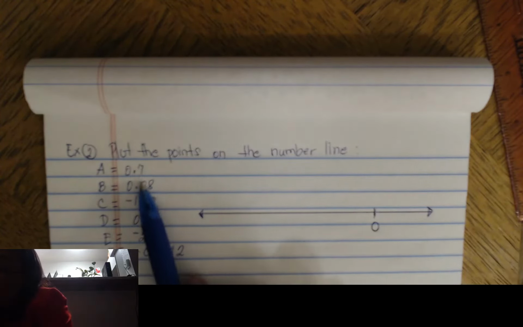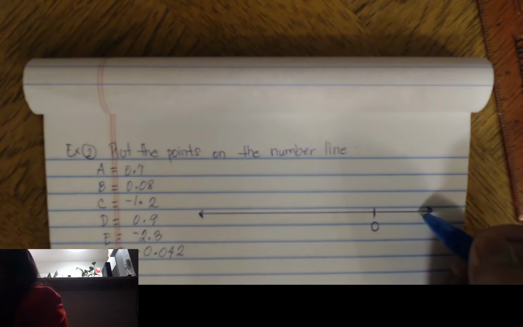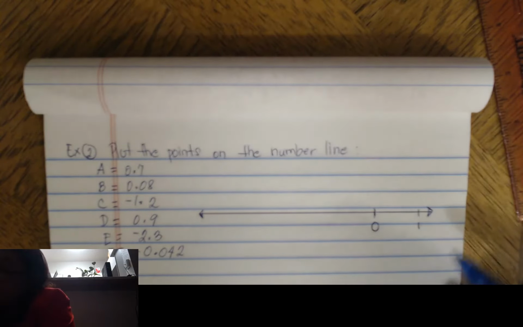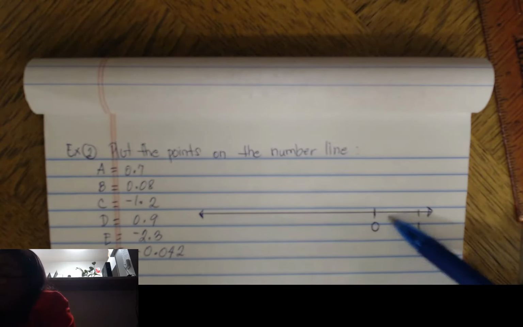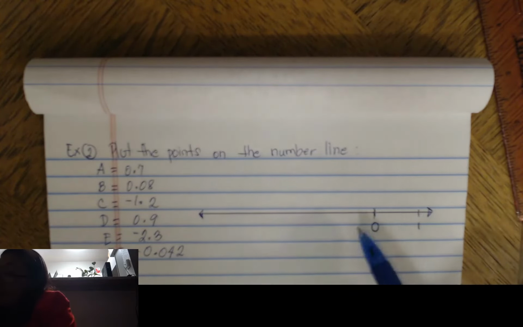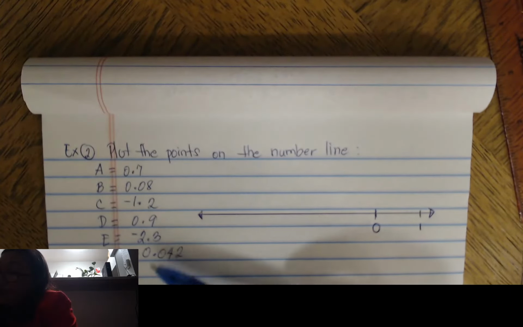And then because these numbers are just less than 1, so I'm gonna put this as 1. Well, I don't need more than 1 anyway, so I'm just gonna assign this small space right here for my 3 positive small numbers.